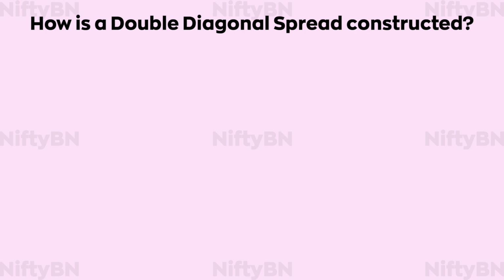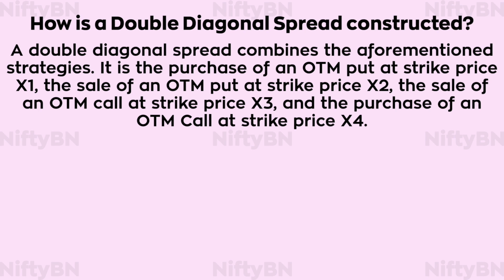So how is a double diagonal spread constructed? A double diagonal spread combines the aforementioned strategies. It is the purchase of an out of the money put at strike price X1, the sale of an out of the money put at strike price X2, the sale of an out of the money call at strike price X3, and the purchase of an out of the money call at strike price X4.